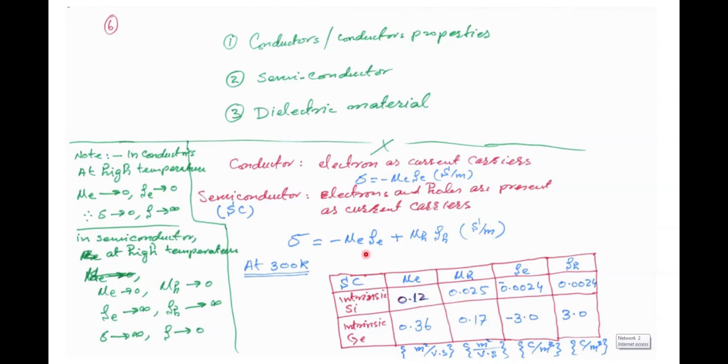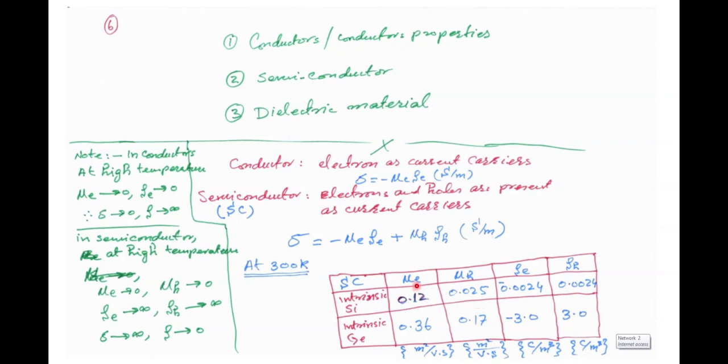The values of mobilities and the concentrations of electrons and holes at 300 Kelvin for pure or intrinsic semiconductors, that is silicon and germanium, are tabulated.